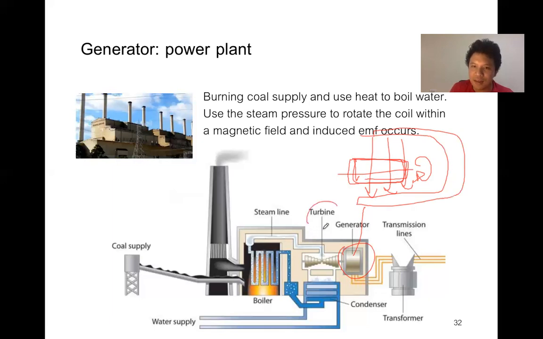The turbine is the mechanism that converts some kind of energy into rotational motion. Then you use this rotational motion of the axle to rotate the coil under the magnetic field, and when we have the power, we transmit the power to the lines.